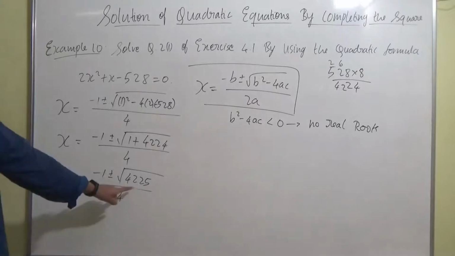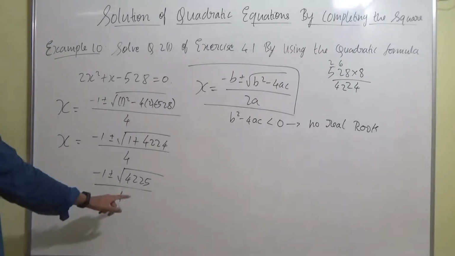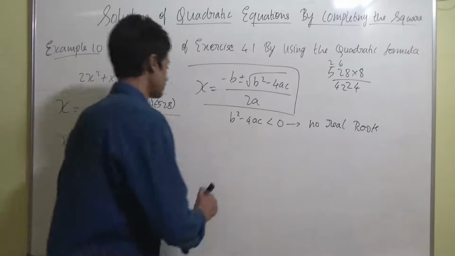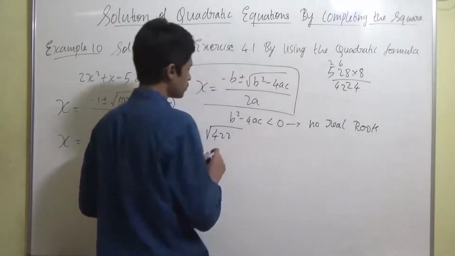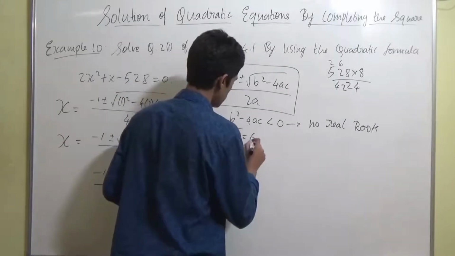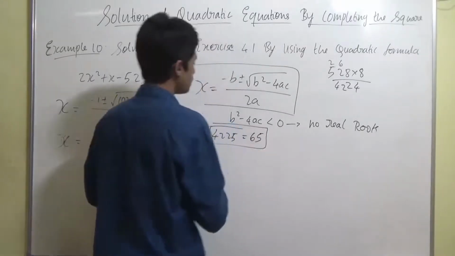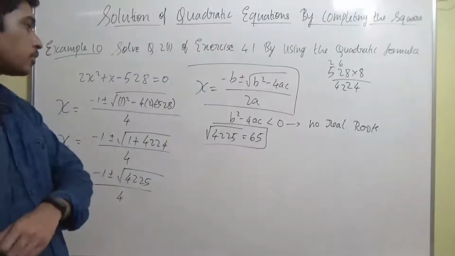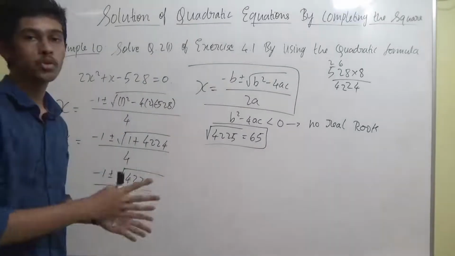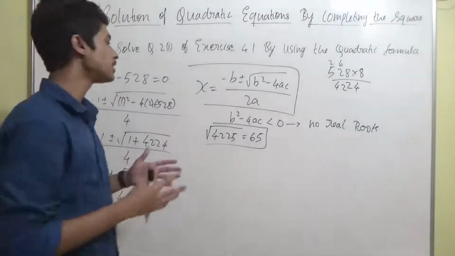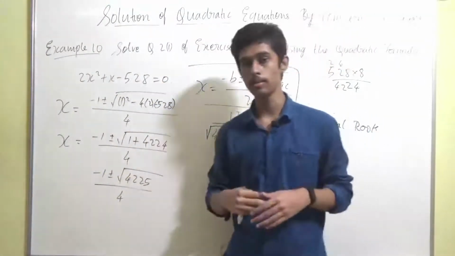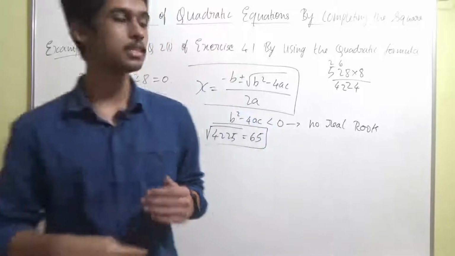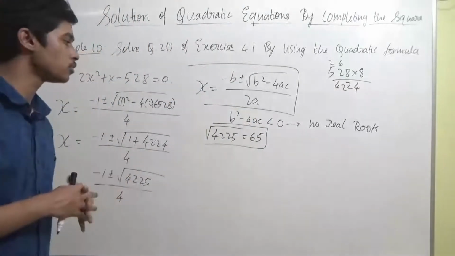Now root of 4225 is equal to 65. You should know the method of taking roots. You would have learned it in the lower classes, but even then if you don't know, you can comment down in the comment section. I'll make a separate video on how to take the roots of numbers.